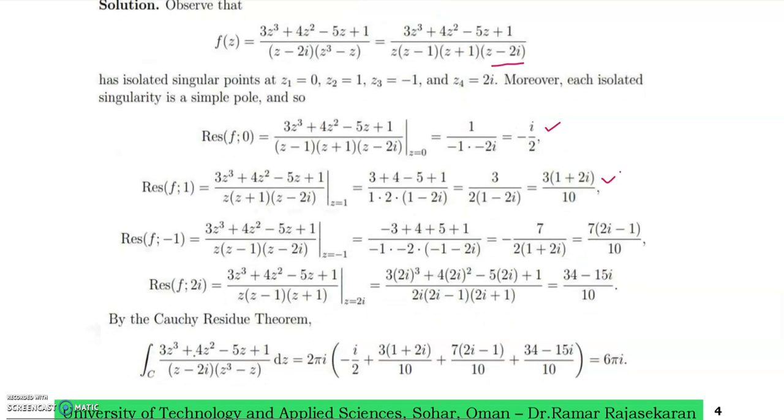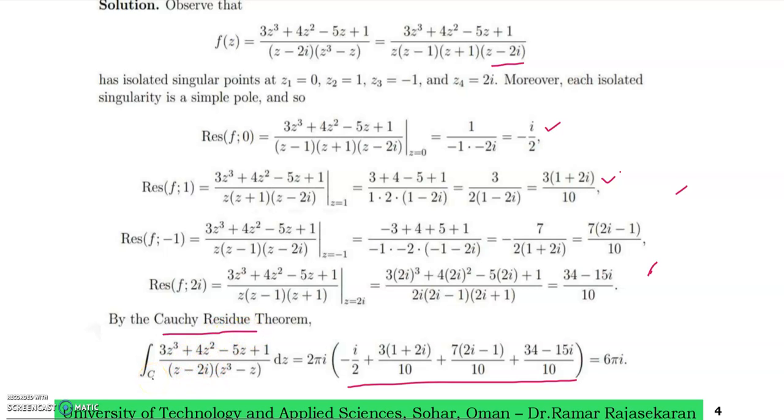Finally, you take the summation of all the residues at each pole, then multiply by 2 pi i. So what is the final answer? 6 pi i. This is how Cauchy's residue theorem finds the integration of this over C.